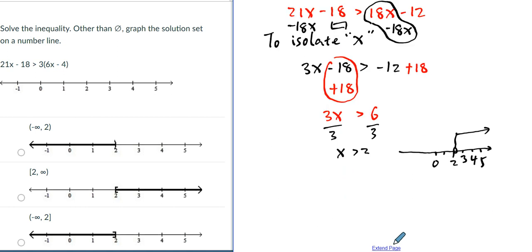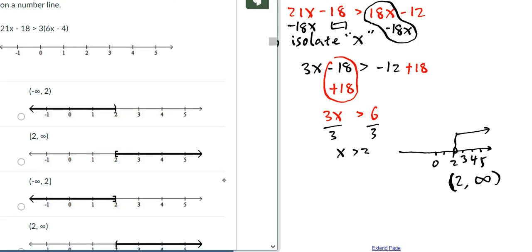So in this case, 2 is not included. You use round bracket. And to the positive infinity, round bracket. So that will be round bracket 2 to the positive infinity. Which one is our choice?